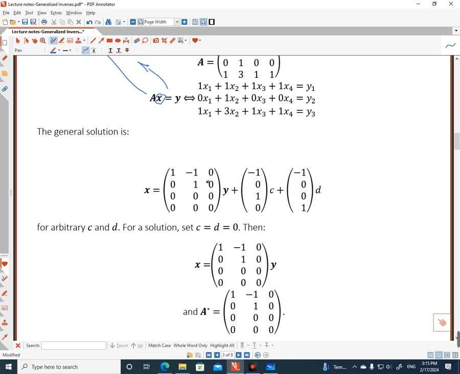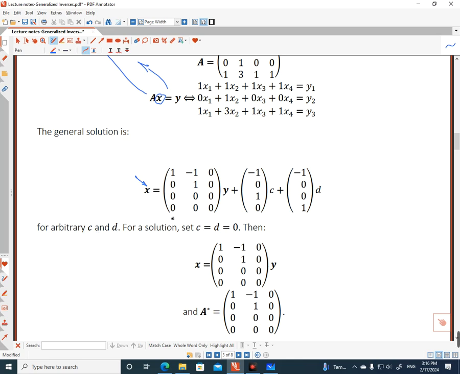x is equal to this matrix times y plus this vector c plus this vector d. I'm not going to explain the details of how we get this by hand. We're going to use the machine to solve the problem and find the solutions. But indeed we can find x in this way for any arbitrary c and d.